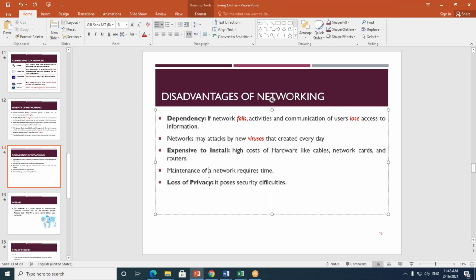Then we move to loss of privacy. When you are working with the network, keep in mind that a network is group work.